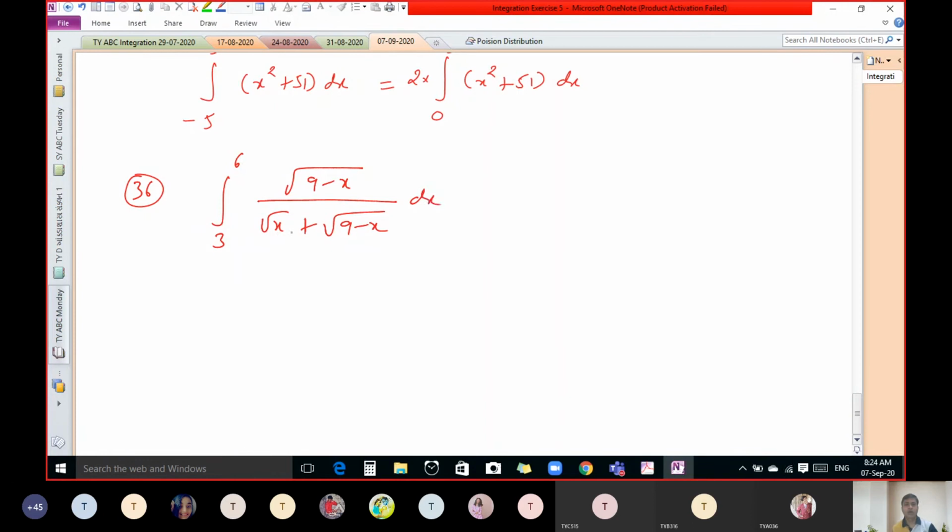Now see, for this type of question the answer is always fixed, but our question should be like this: integral from a to b of root(a + b - x) upon root(x) + root(a + b - x) dx.